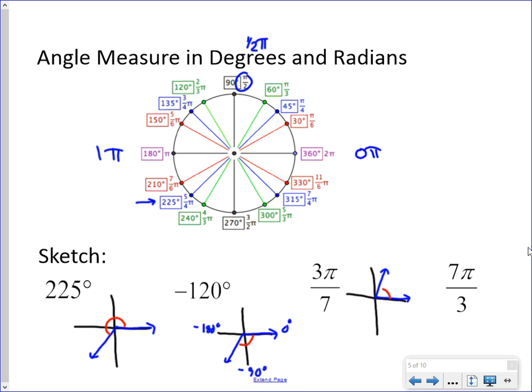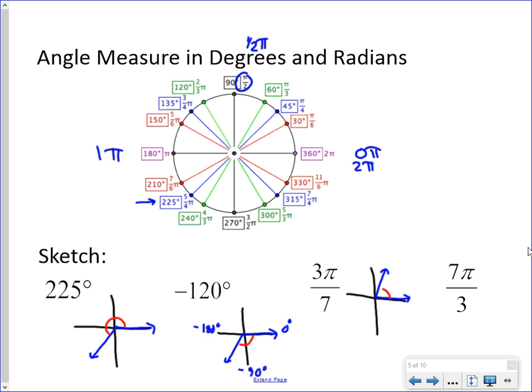What about 7 pi over 3? A full rotation and then a third. Remember, a full rotation is 0 pi or 2 pi, right? So if you think about 7/3, 7 divided by 3 is 2 and 1/3. So that means I'm going 2 pi, a full rotation, and then just a third more.